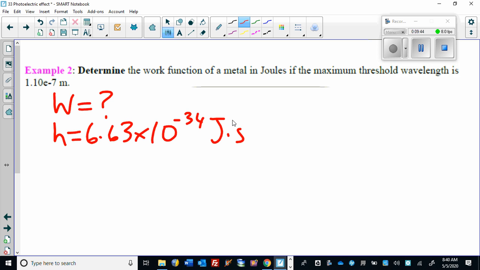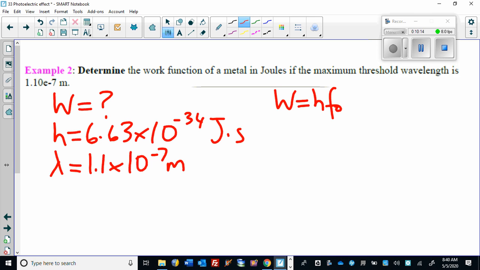If the maximum threshold wavelength, so this time they don't give you the frequency, they give you wavelength. And you can do that in 2 steps, or you can do that in 1 step. So we're going to do it in 2 steps, but 1 step really, but it's going to be 2 steps. Confused? I am.